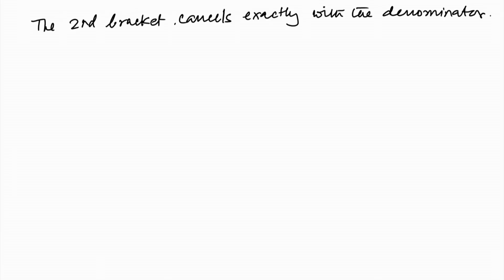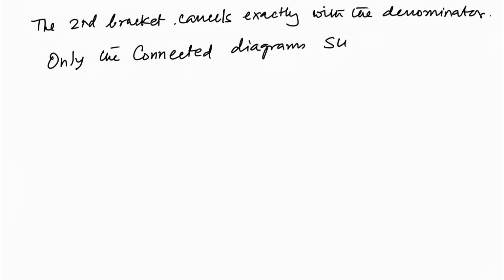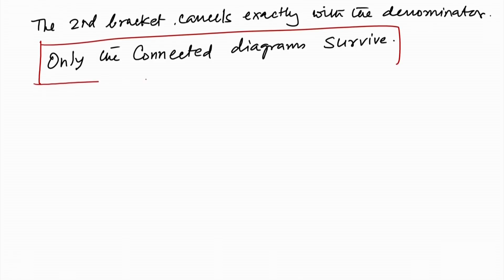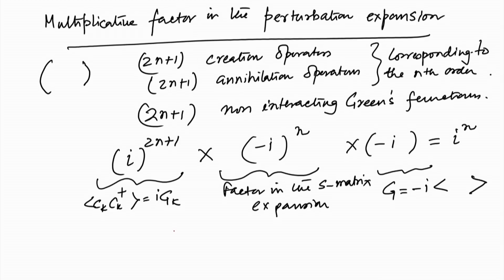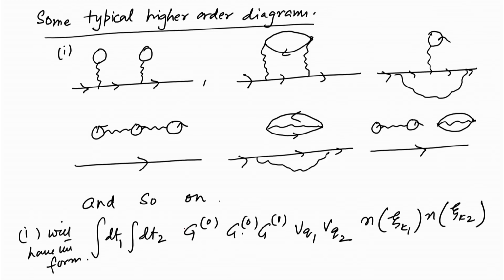So, from this factorization it is clear that only the connected diagrams survive. Now, this is a big simplification because it tells us only the connected diagrams will have to be computed, and we really do not have to compute terms such as these ones or these ones or these ones and so on. So, the top diagrams will be good enough to calculate and we can do away with that.